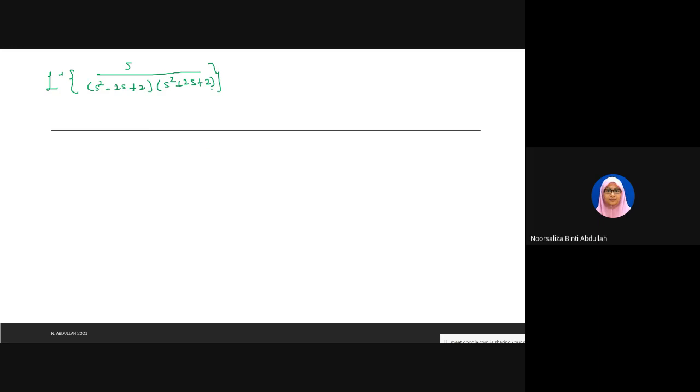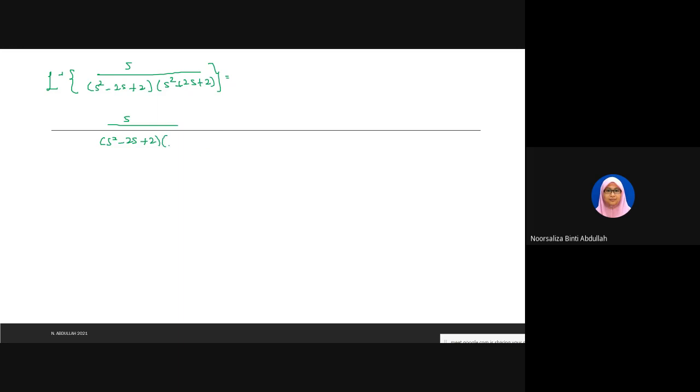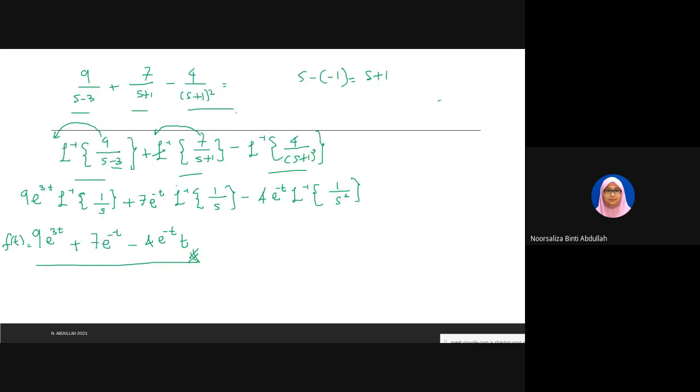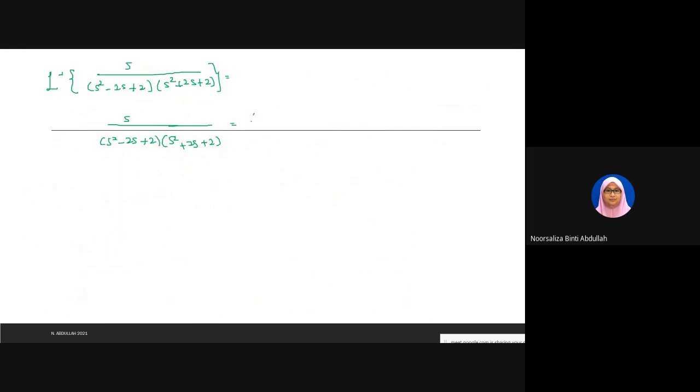Okay, ini sama juga, sorry, kita ambil dia punya ni dulu: S over S square minus 2S plus 2 S square plus 2S plus 2 equals to, kalau kuadratik, you tengok dekat sini, kena tulis dia sebagai AX plus B. Then here will be AS plus B over S square minus 2S plus 2 plus CS plus D over S square plus 2S plus 2.